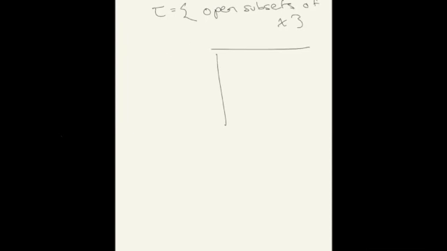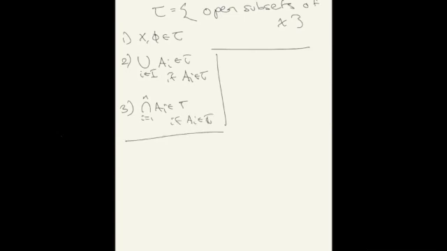First, X and the empty set have to be in tau. Second, if I take any union of a collection of sets in tau, it has to be in tau. And third, if I take finite intersections, they also have to remain in tau. These are the axioms of a topology.